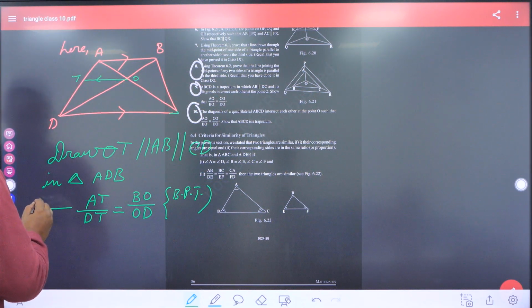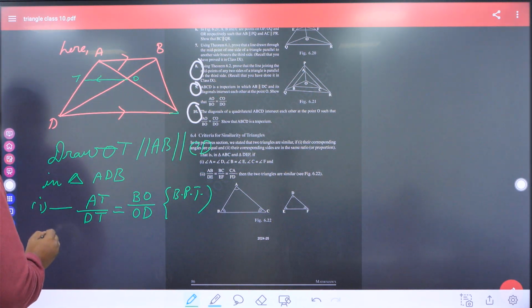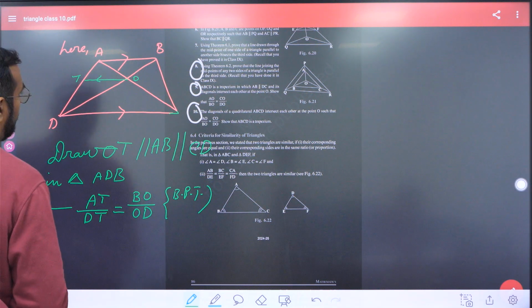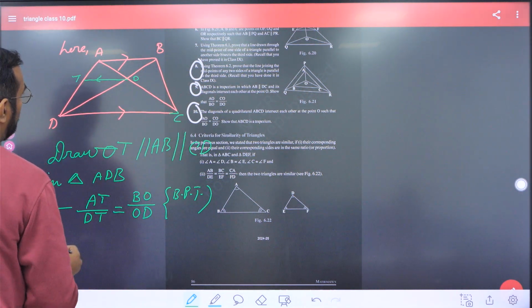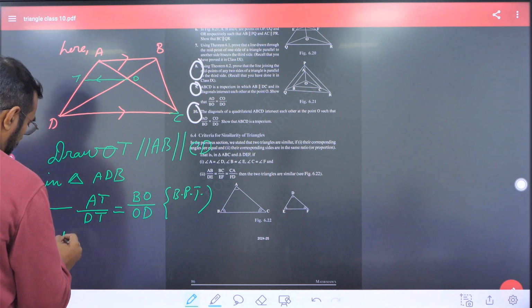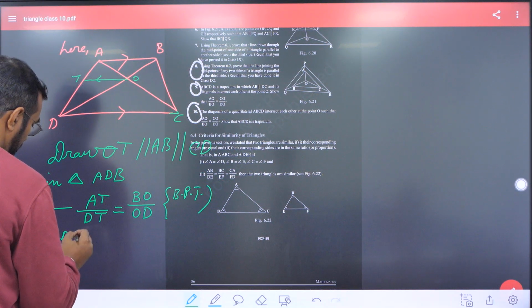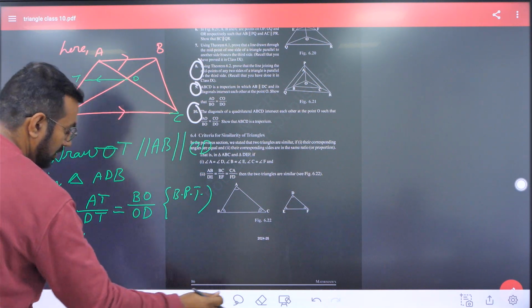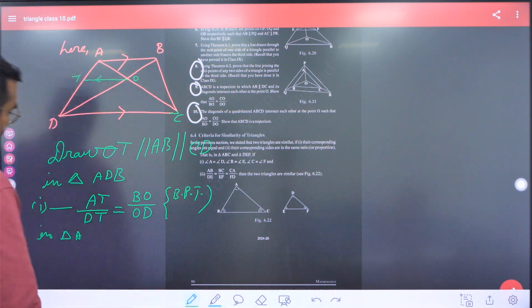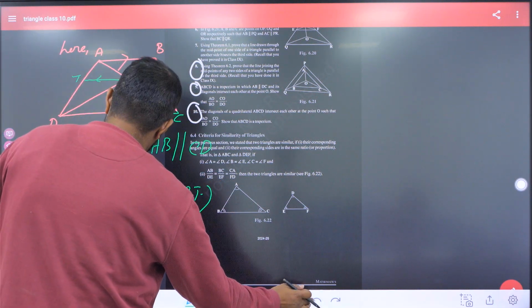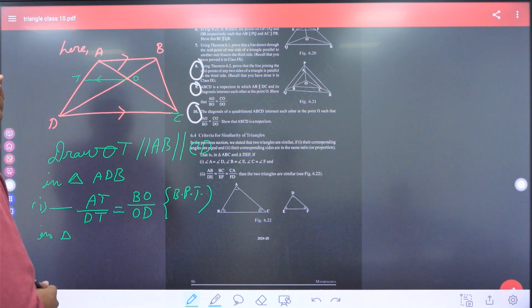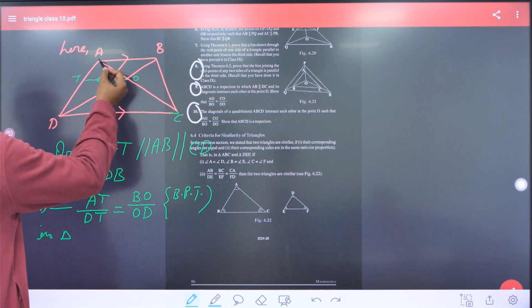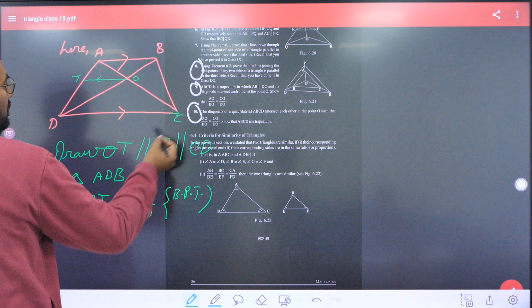Make it equation 1. Now in triangle ADC.